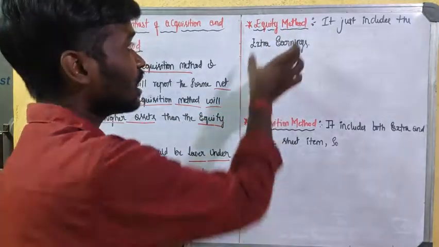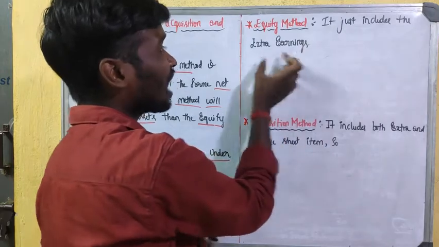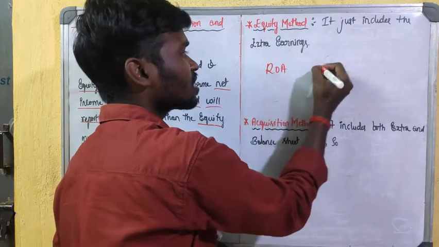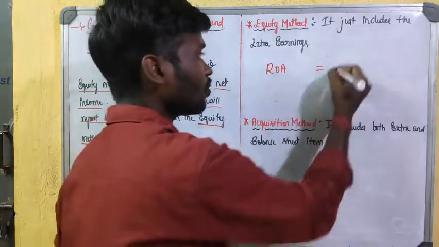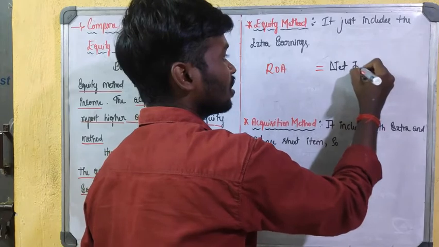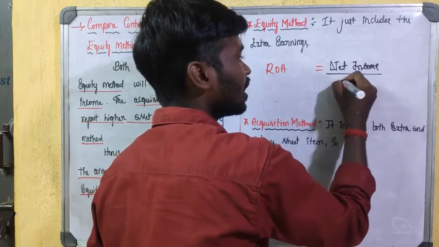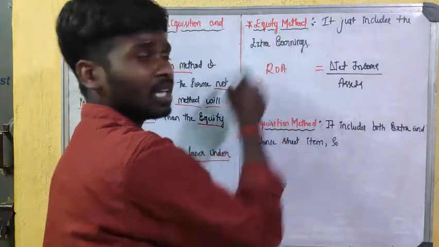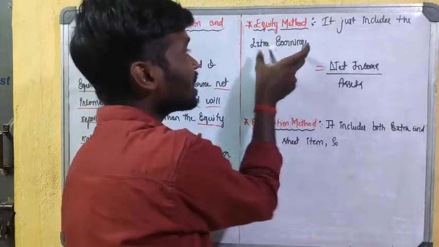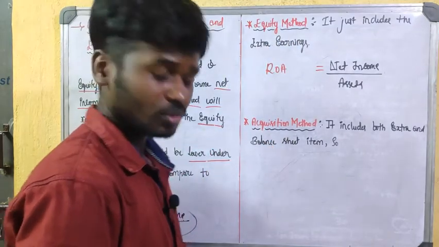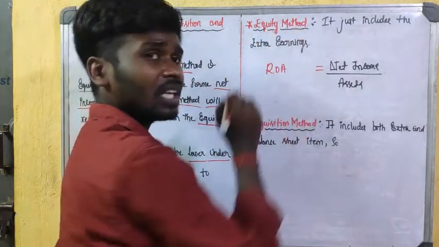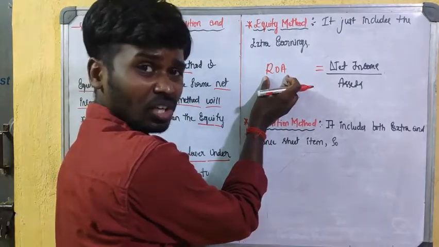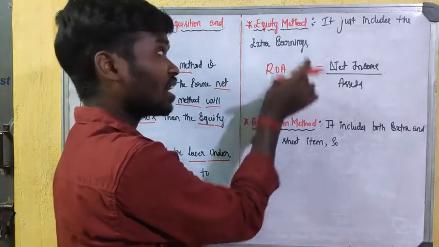Equity method, see, the equity method includes extra earnings. You know that return on asset is calculated based on the net income divided by asset. But in the equity method, what does it say? It just includes the extra earnings. So therefore the equity method shows the relationship between the calculation of return on asset under the equity method.